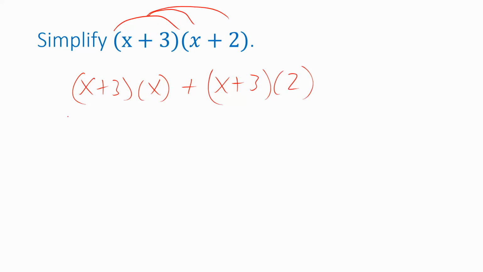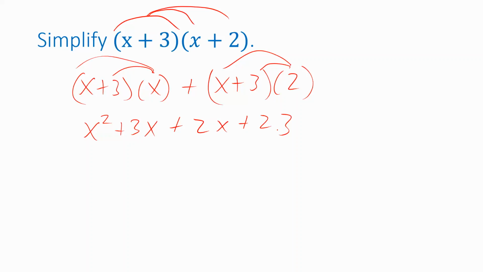And then we've partially distributed, but we actually have to do some more distribution because this x is multiplying this x and this 3. So I can rewrite the first piece here as x times x, that's x squared, and 3 times x. Do the same thing over here. I get 2 times x and 2 times 3.